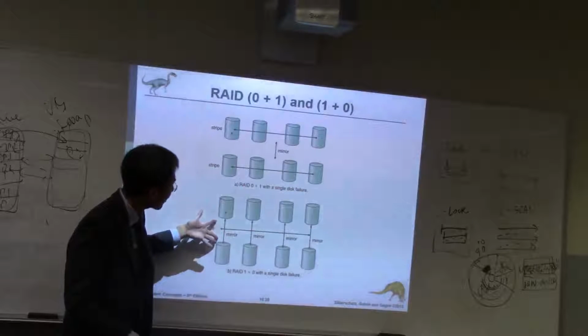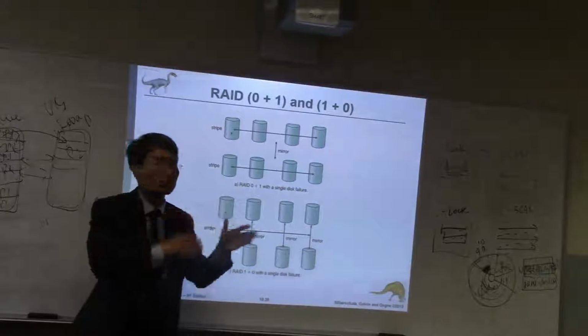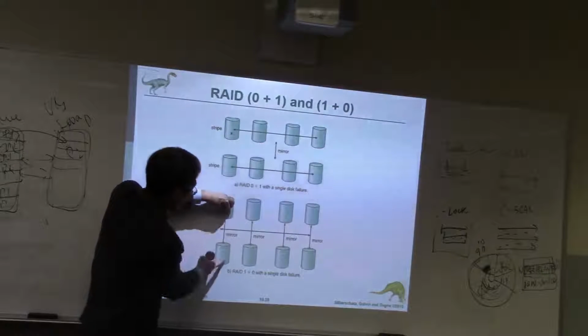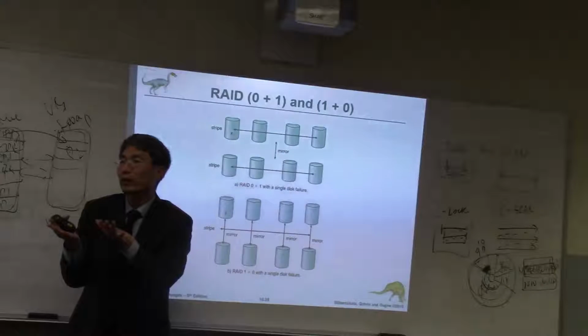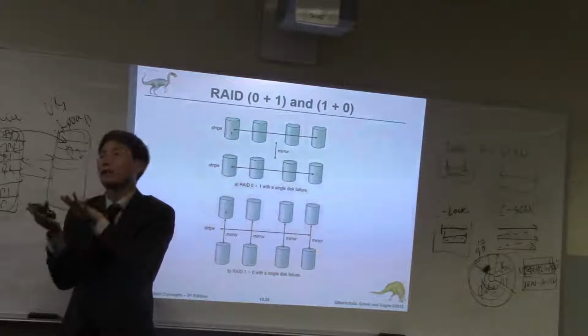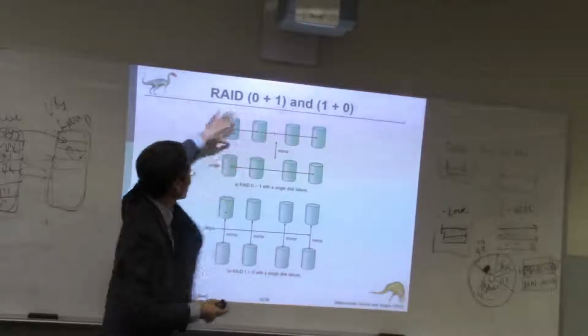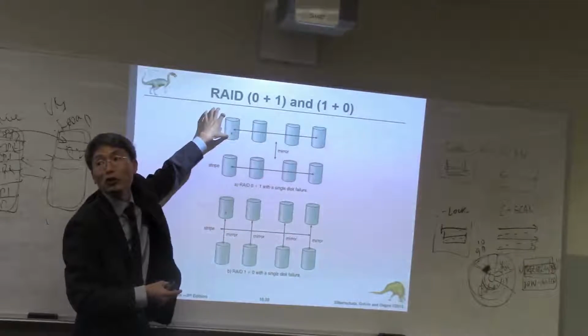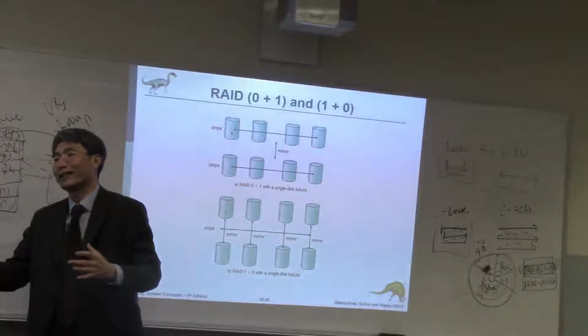But with 1 plus 0, it can be mirrored: first write the data and mirror. Then it may be a different location when striped. So this one is exactly a mirror because it's after striping, but this one may be striped to another place.